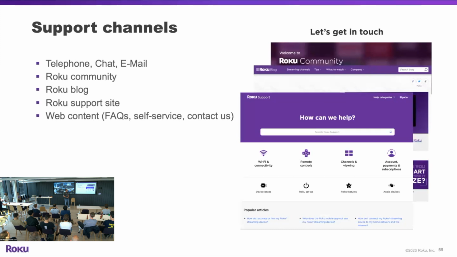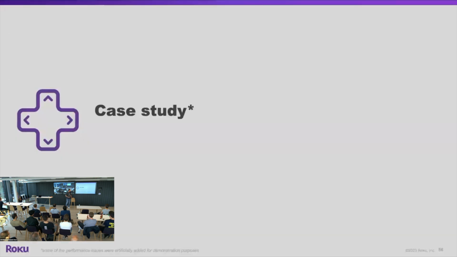Most of this content is web-based. We have FAQs, self-service applications, and contact us pages. And this web content is made by a CMS application. And that CMS app will be the main character of our case study.